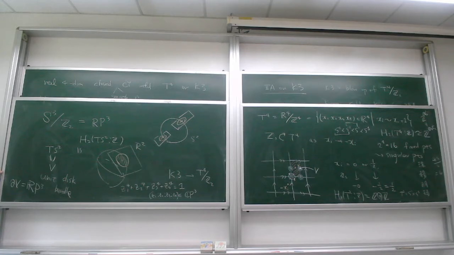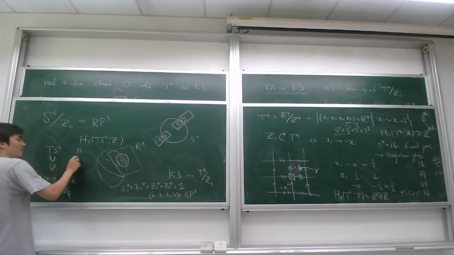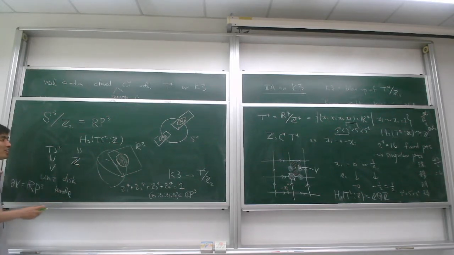What is the generator? Good. So it's generated by the 2-sphere. So H2 of S2 is Z, right? It's just generated by the 2-sphere. It deformation retracts to S2.